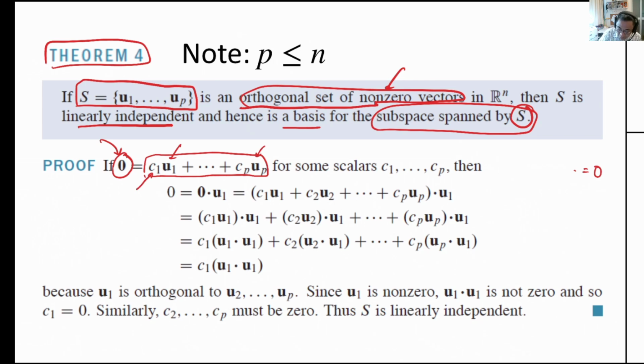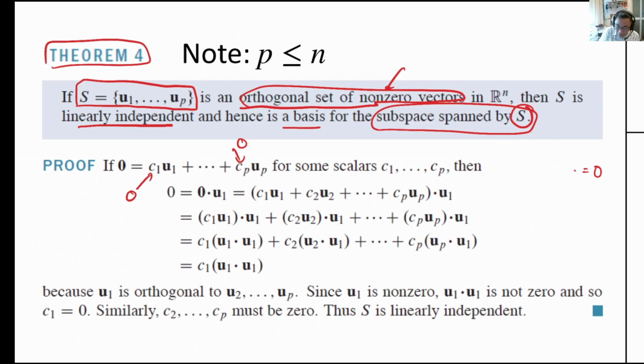If all the c1, c2, the scalar multipliers of u1 to up, need to be 0, so that the right hand side is 0 and the left hand side is also 0, agreeing, then u1 to up are linearly independent. In other words, there is no way we can get the zero vector except all 0s multiplying with u1 to up. If this is true, then u1 to up are linearly independent. So let's proceed.